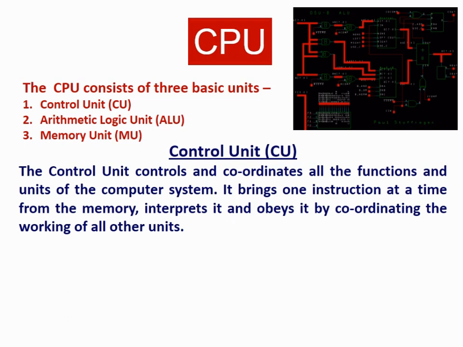How will it do it? Because it does not do anything by its own. It tells other units of the computer and coordinates them, means work with them to get the solution out. Alright, so this is the basic job of control unit, actually coordinating and managing all the other units of the computer system.